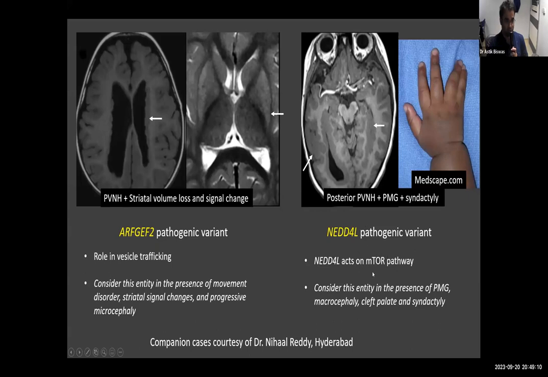It is an mTORopathy, and if we see posterior predominant PVNH in addition to polymicrogyria and syndactyly, we should consider this. They frequently have cleft palate as well. And the other differentiating feature is that they typically have macrocephaly rather than microcephaly, what we saw in WDR62, and I guess that can be explained by the fact that it's an mTORopathy.